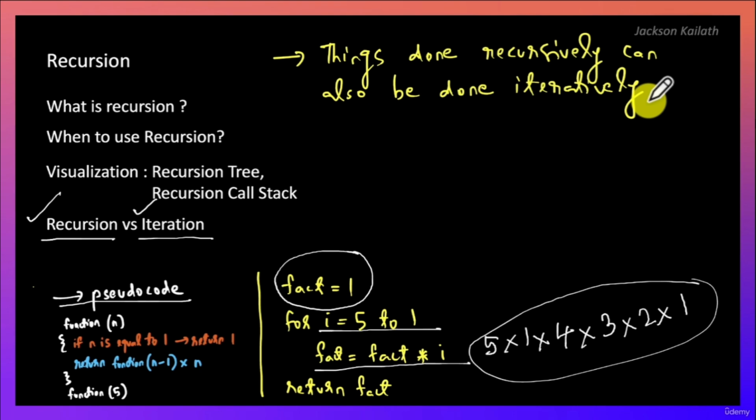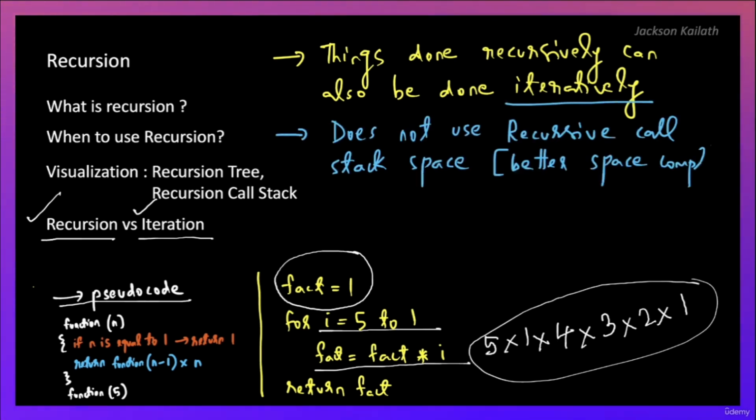Another thing to note when we compare recursion and iteration is that an advantage of iteration over recursion is that it does not use space on the call stack, the recursion call stack, okay? So we have seen the recursion call stack, we've visualized it, it's something like this, right? We had all the calls over here.